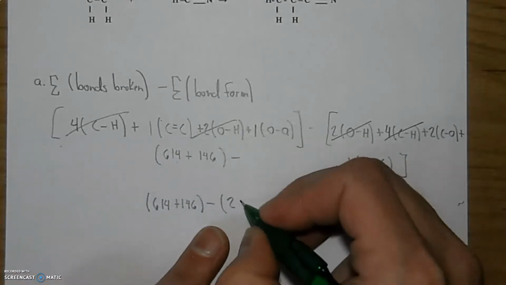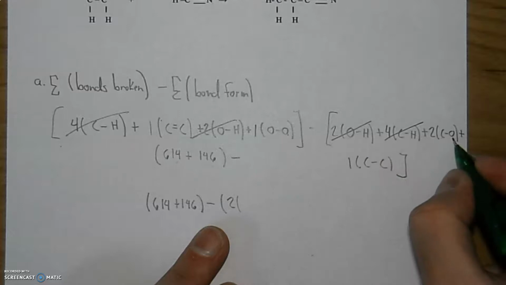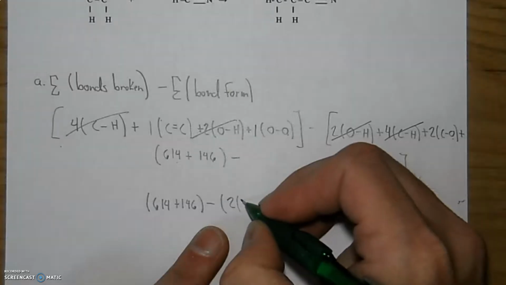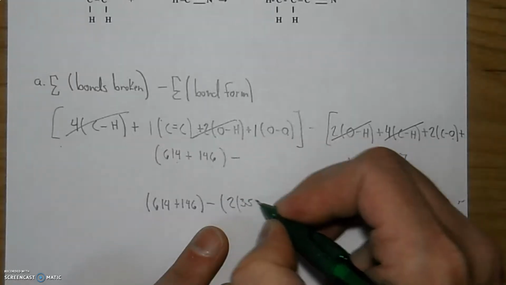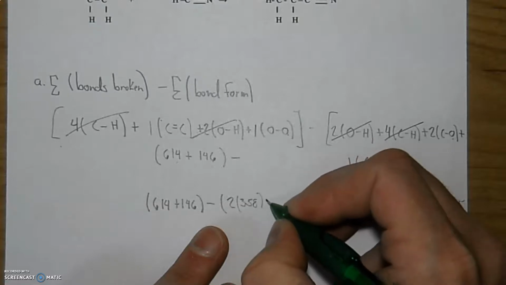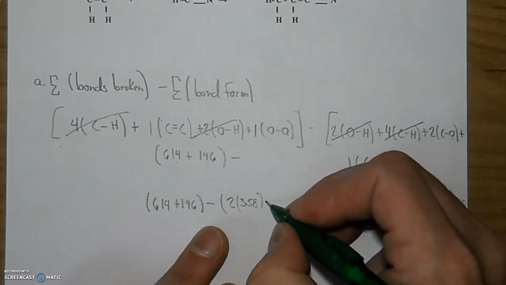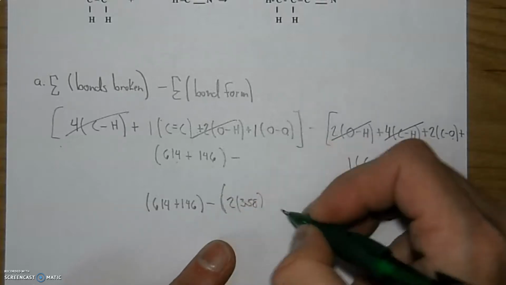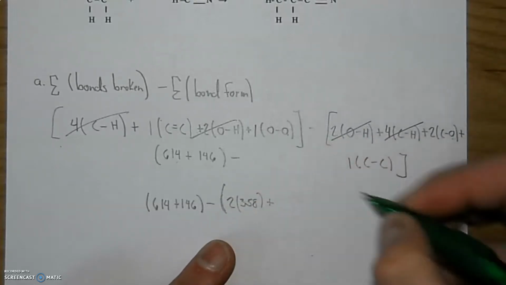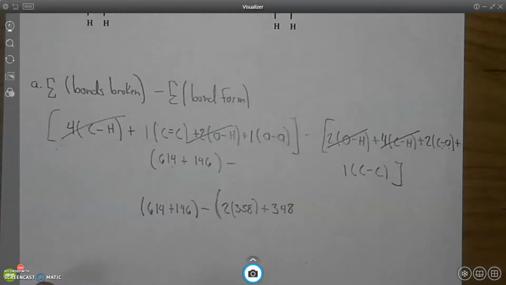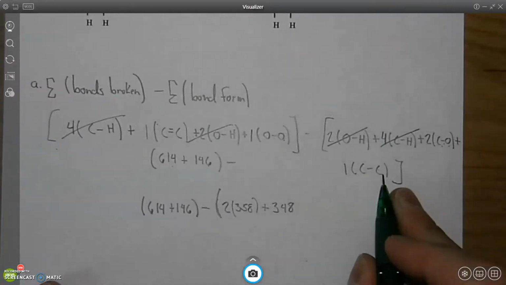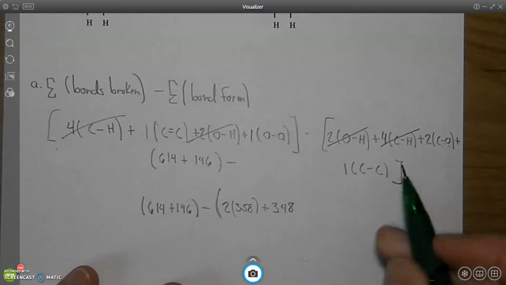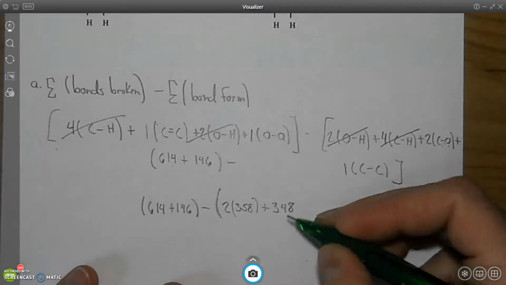So I'll say 2 times 358 from the table. And because I'm going to sum all these up, I'll leave this as large, plus the last one on our list, which is the carbon-carbon double bond, and that is going to be 348.